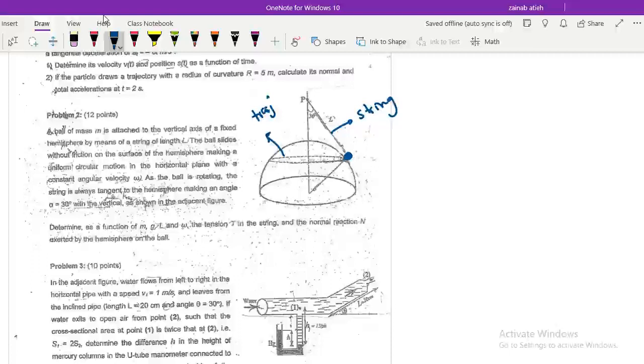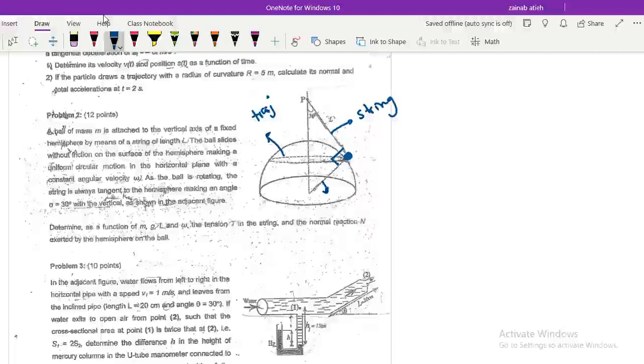Tangent to the hemisphere means that the angle between the string and the radius of the hemisphere is 90 degrees. So the angle between the string and the radius, this is the radius of the hemisphere, is 90, and the string is always making an angle 30 with the vertical as shown in the adjacent figure.